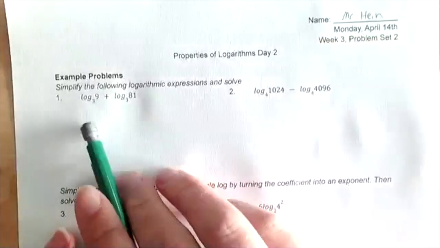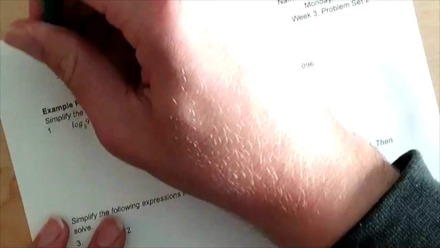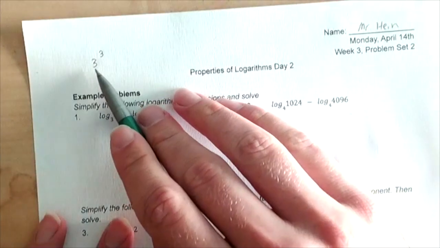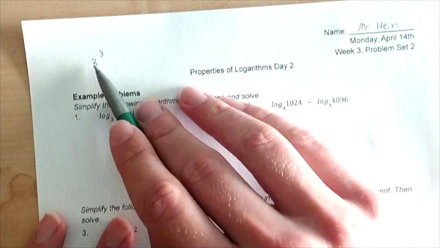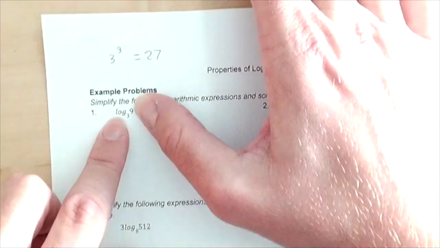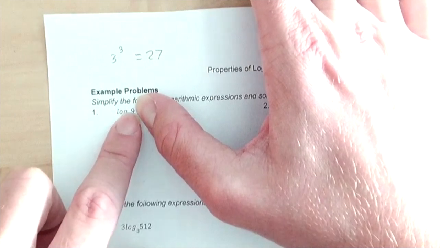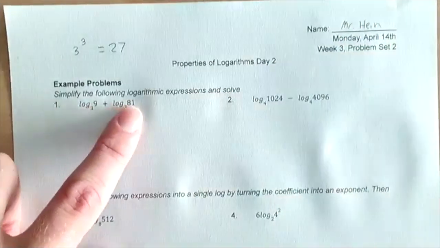The answer to this log would be 2. If you feel really weird about it, think like we've seen exponents before. Everyone knows an exponent: 3 cubed is 27, right? 3 to the third power equals 27. So just think of this as not an exponent, but some kind of math that you do. Log base 3 of 9 equals 2, and this one would be 4.